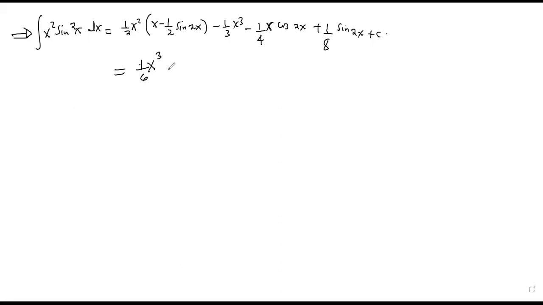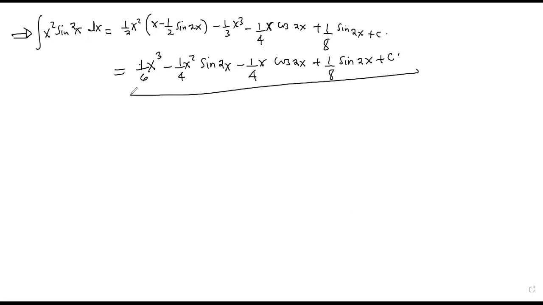Then minus a quarter x squared sine twice x, then minus a quarter x cos 2x, then finally plus 1/8 sine 2x plus a constant of integration. So that is what we are having.